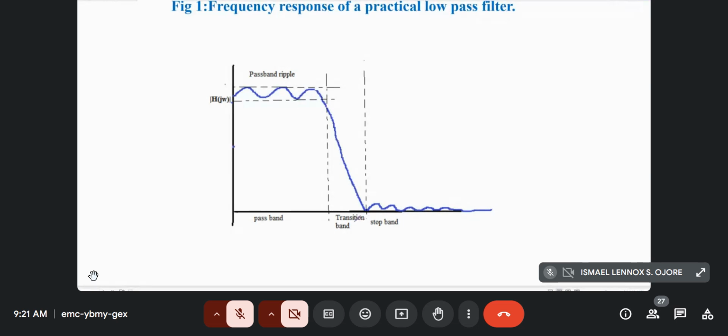What will happen will depend on how you design it. If you have a Chebyshev, it will have different characteristics from the others. We have many of those designs in continuous-time filter design.